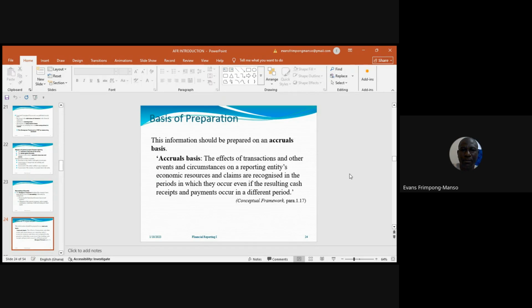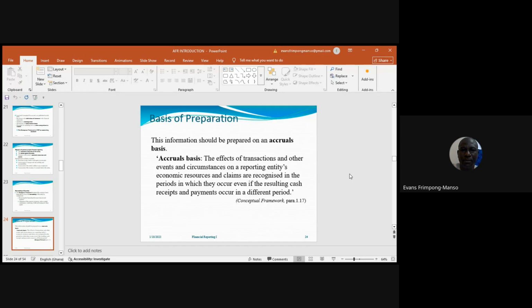Part 2 of the conceptual framework talks about the underlying assumptions when preparing financial statements. There are two basic assumptions when preparing financial statements.